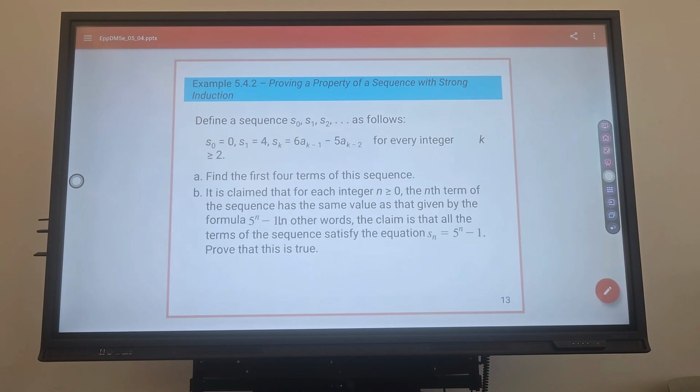Okay, how about the sequence here? S sub 0 is 0, S sub 1 is 4, S sub k is 6 s sub k minus 1 minus 5 s sub k minus 2 for every integer k greater than or equal to 2.